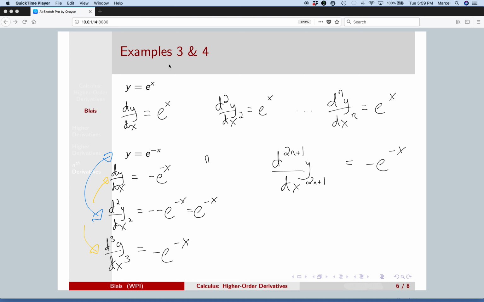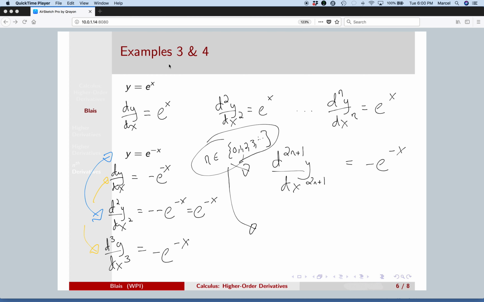And so think of n as being one of the counting numbers in these two general statements. Or we should actually say a little bit more specifically, because we need to include 0, n is in the non-negative integers. So 0, 1, 2, 3, and so on and so forth.